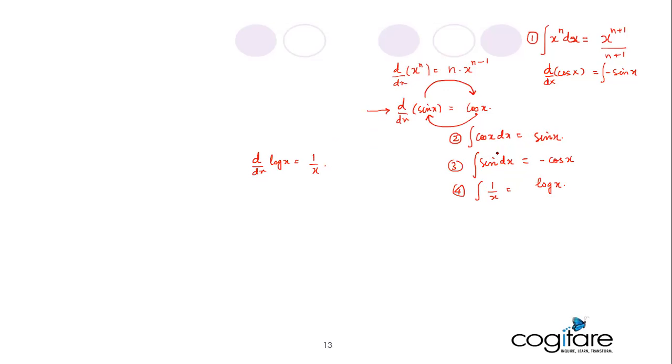Okay. So like this, of course, you can go on with derivative of tan x, derivative of secant x, all that you write, do the reverse process, you will get the formula for integrals. Okay, but these are some common ones which you should know.